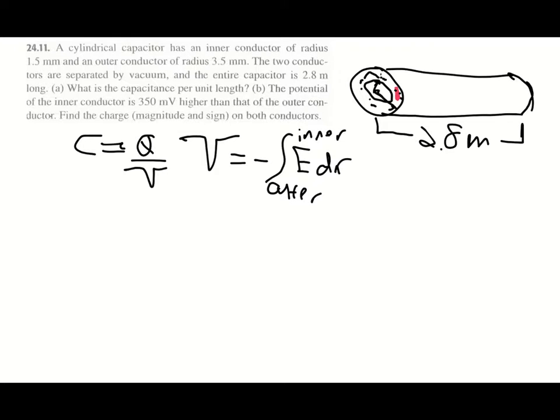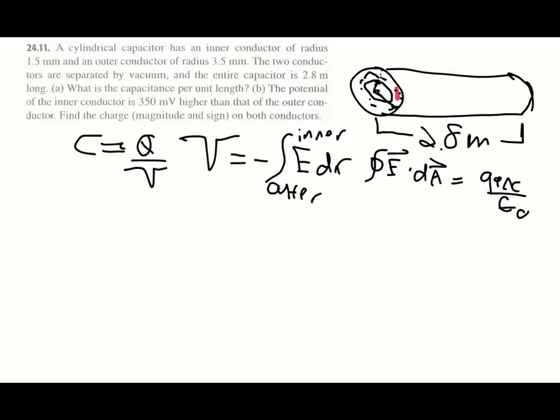So we're going to have to use Gauss's law: E dot dA equals Q enclosed over epsilon naught. We have to do that part first before we can do anything else.